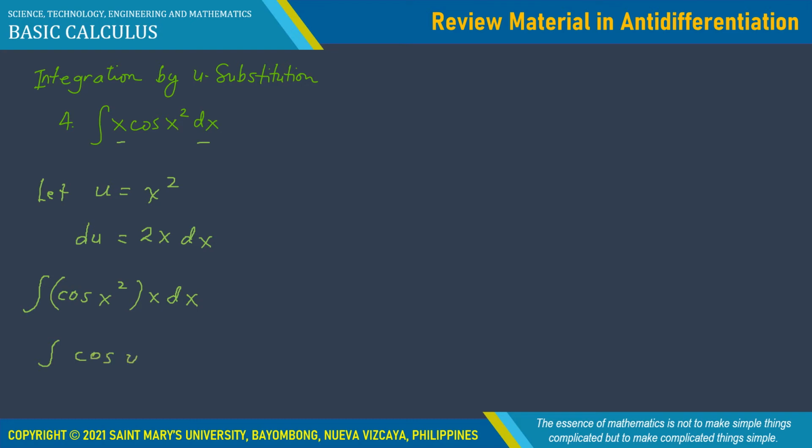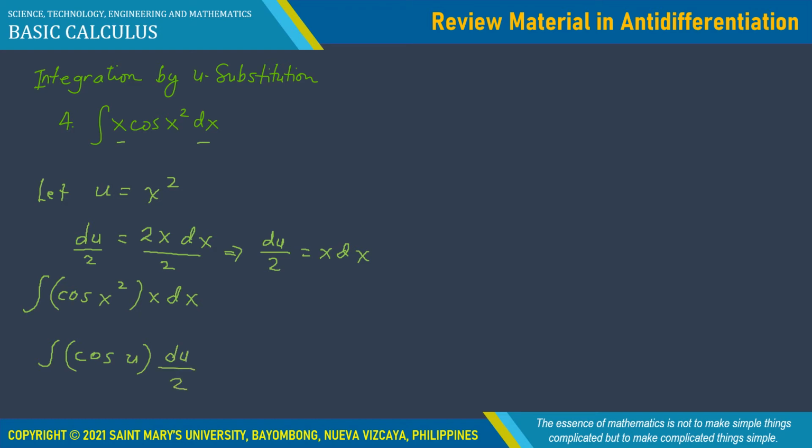So, cosine u times the value of x dx. Okay, so since may 2 doon, divide pala natin siya by 2. Okay, so ang magiging value natin ay du over 2 is equal to x dx. Ayan. So, x dx natin ay du over 2.